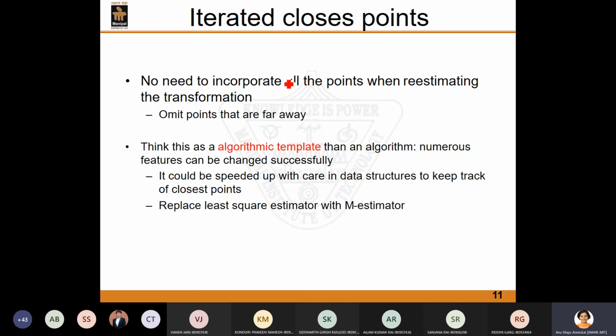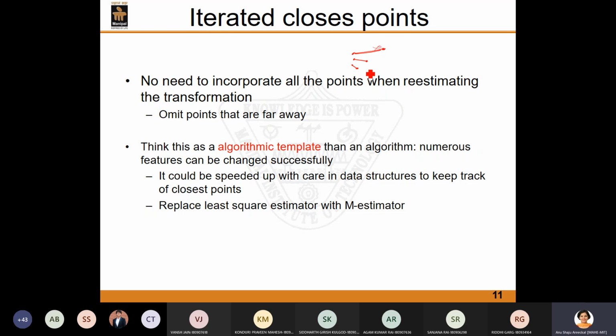You can also improvise on the ICP problem by adding some more constraints or restrictions. For example, when you're trying to find the distance between two different points, let's say you have the closest point here, and then some of the distributions are like this. We can put a threshold where, if the distance between two points is beyond a particular threshold, let's not consider that for the next iteration.